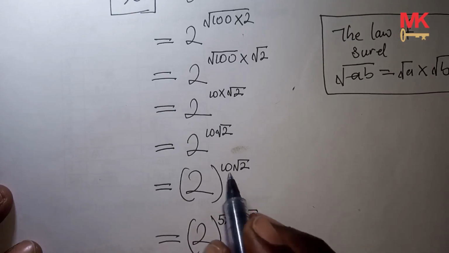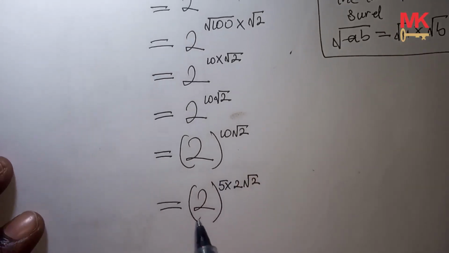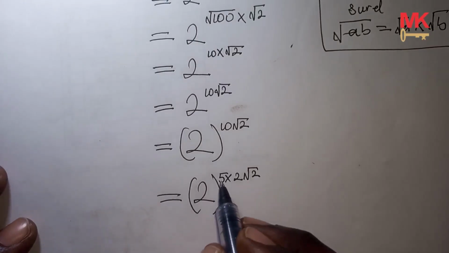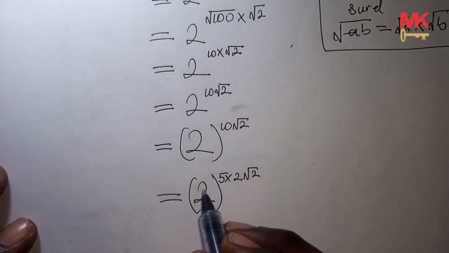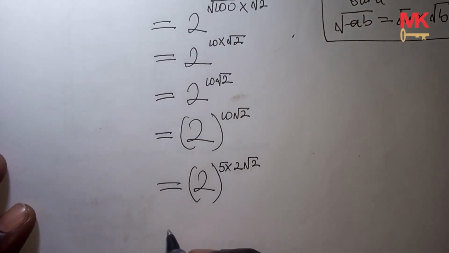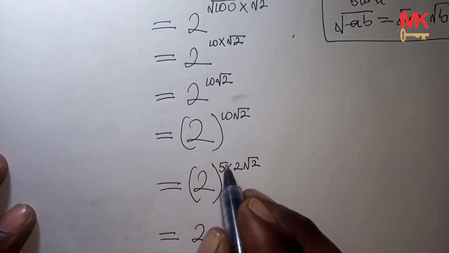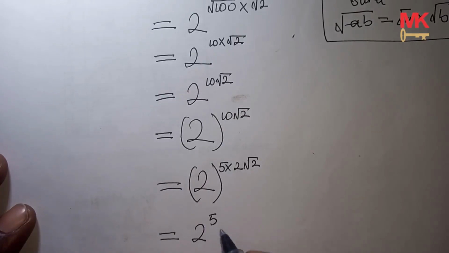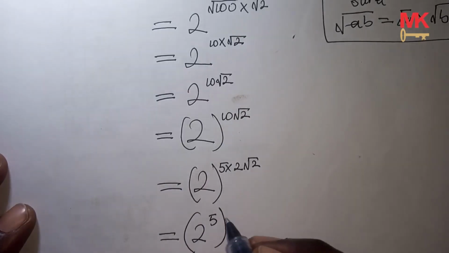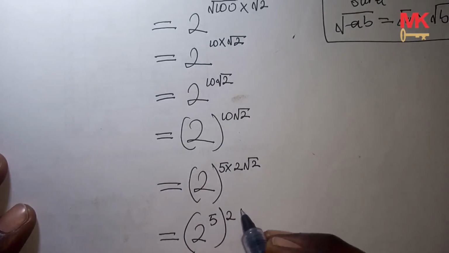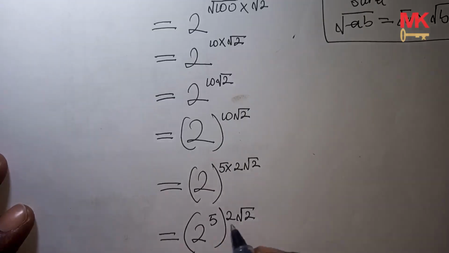So 5 times 2 gives us back the 10. What we're going to do now is to allow the 5 to enter the bracket, to raise the 2 to the 5th power. So we get this raised to power 2 root 2.